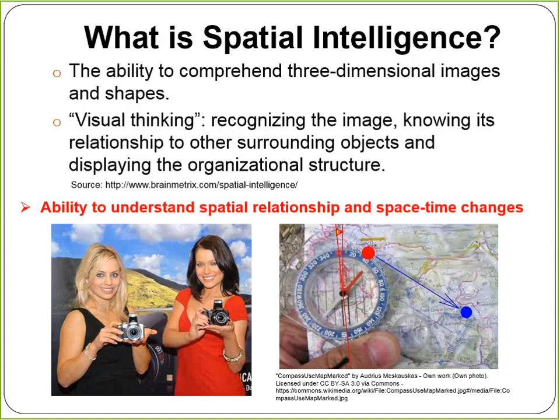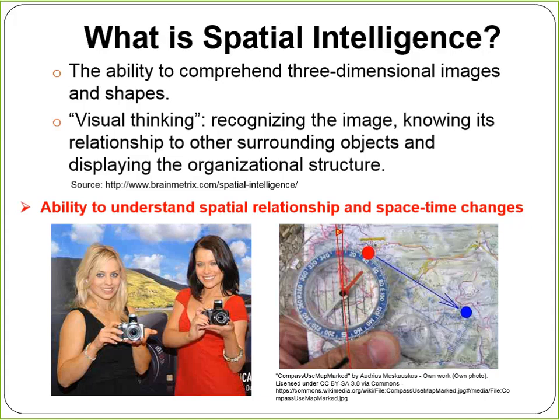Not all people have the ability to recognize spatial relationships. So with new technology, we can develop new methodologies to help people understand spatial relationships and the space-time change in them. Here is an example: we have the compass and the map.